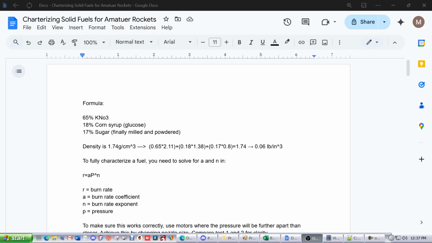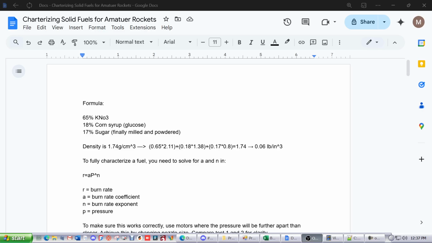Anyways, okay, so first thing we need to do is find the density. And usually we can just say, well, I know the density of one substance, but how do I find it if I'm just doing percentages? You literally just take the percentage and multiply it by the total density of that product. For example, potassium nitrate has a density of 2.11 grams per centimeter cubed.